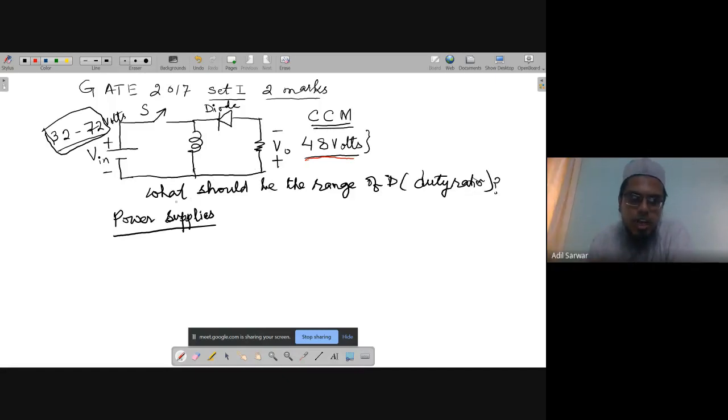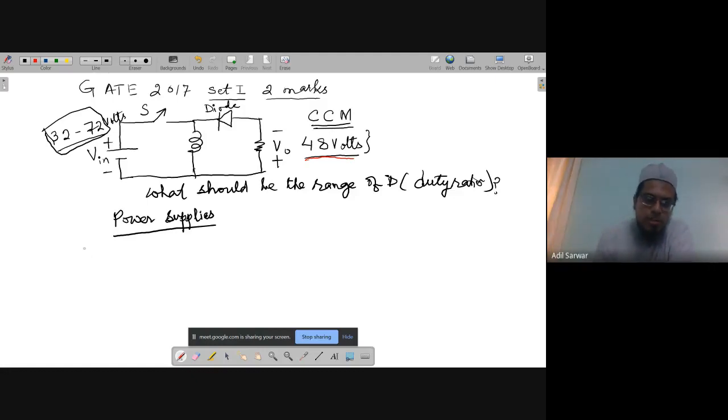That is what is asked here, what should be the range of D. Although no closed loop control is there in this particular problem, it pertains to the regulation problem in DC to DC converters. I hope you understand it.